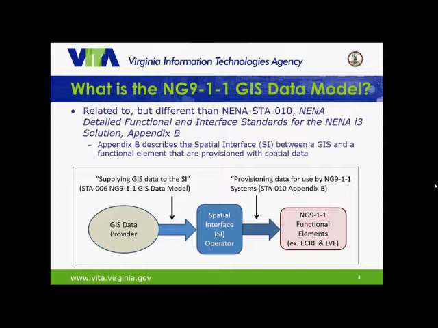During that process, it would translate the data from the data model to the data required by the I3 system in NextGen. So what the GIS data model does is help to standardize the fields, the attributes, and the required elements that are needed in order to correctly populate the system so that it works correctly within next generation 911.